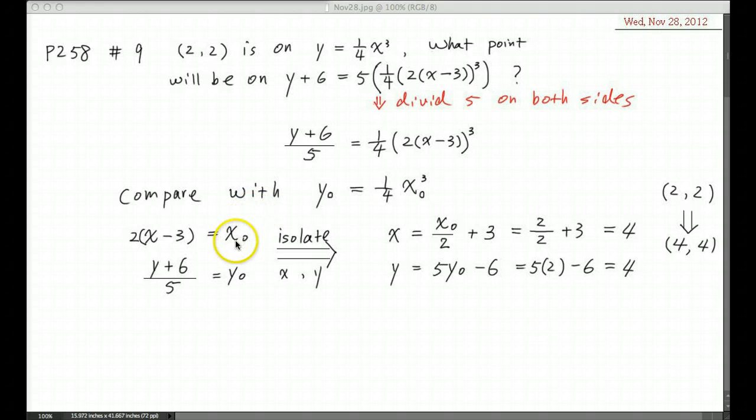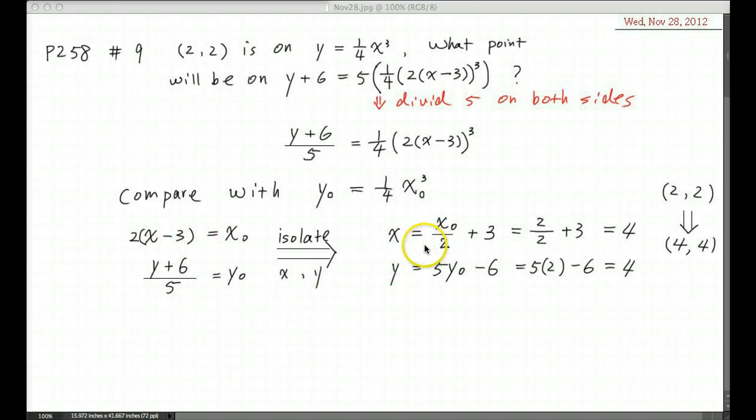So if I make this part being x0, and then the left side being y0, then (x0, y0) is really a point on the original function, and (x, y) is the point on the new transformed function. And then just isolate x and y, so you should get this.